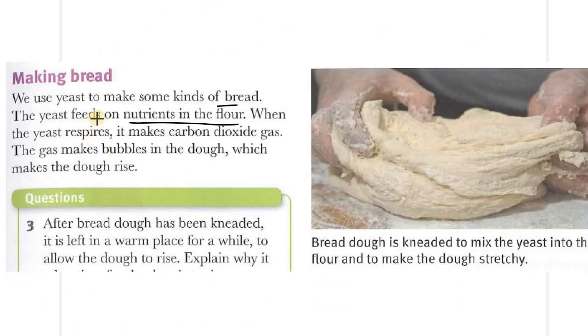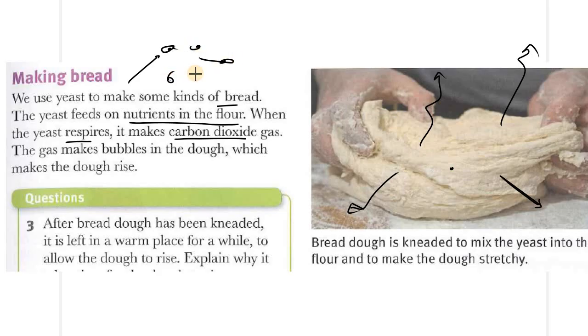Now they are feeding on the nutrients in the flour, and when they respire, it makes carbon dioxide gas. So the thing which increases the dough, as a result of which the dough rises, is the production of carbon dioxide by these yeasts due to their respiration. And the more their population increases, the more they respire, and as a result the dough rises much faster. Okay, so that's the whole idea.